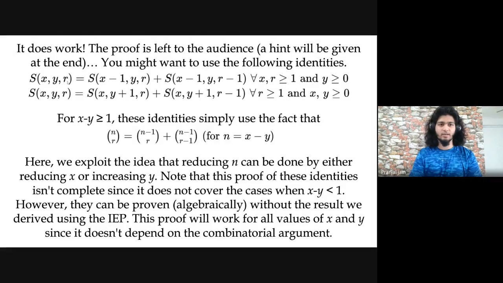And likewise, over here, you can see that r converts into r and r minus 1, just like in Pascal's identity. In the other case, I can increase y. For increasing y, you can see that over here you have y plus 1, y plus 1, and likewise r becomes r and r minus 1. So this identity is actually the same as Pascal's identity.